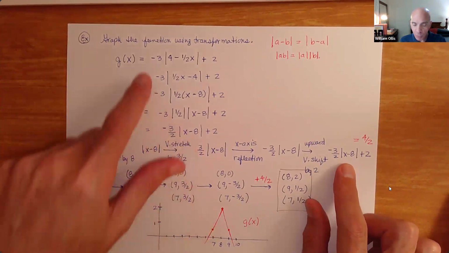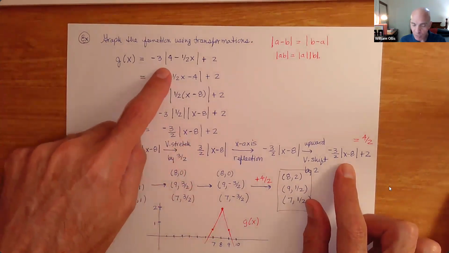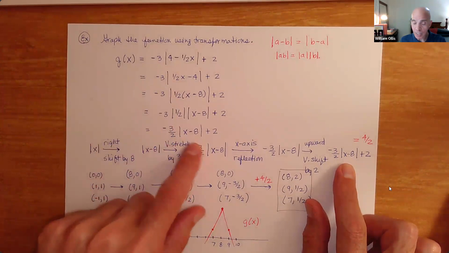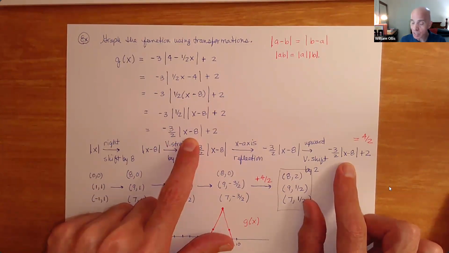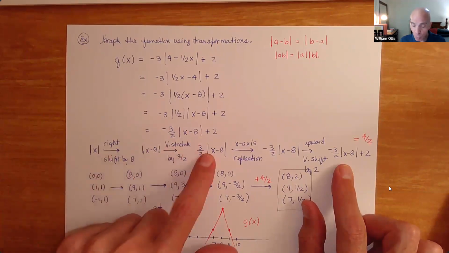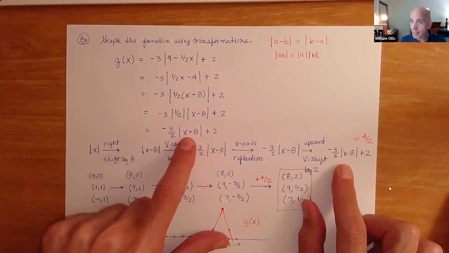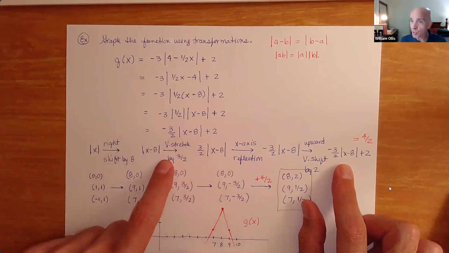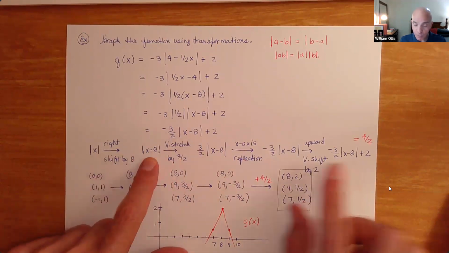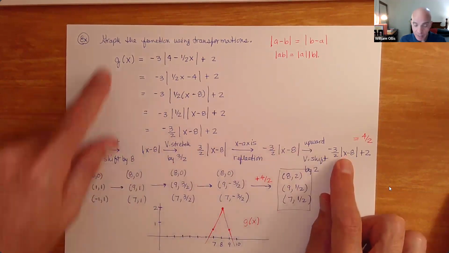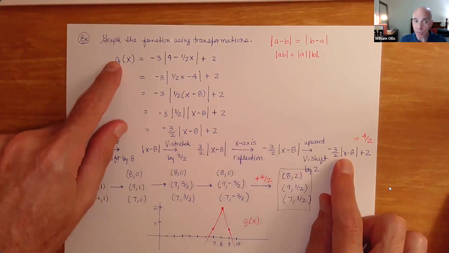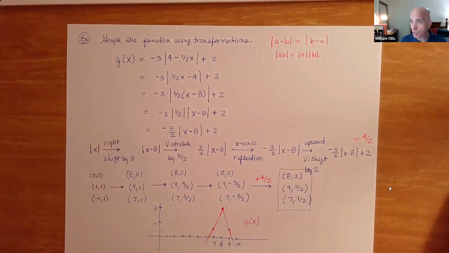So the original function may require some manipulation to get to the point to where you can visually see the transformations. And then you can apply them in an order that gives you exactly this. I'm not saying this order is unique, but the order provides the transformation from the parent to the necessary g of x. And that's what your transformation sequence should do. Uniqueness is not important. Correctness is what's important.